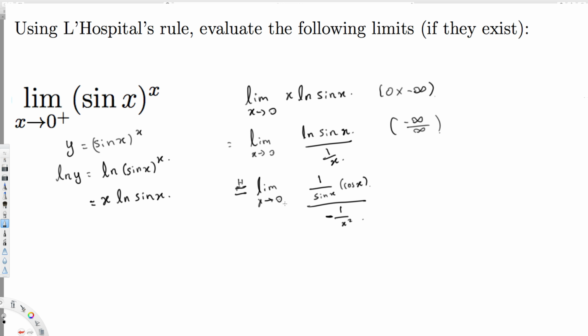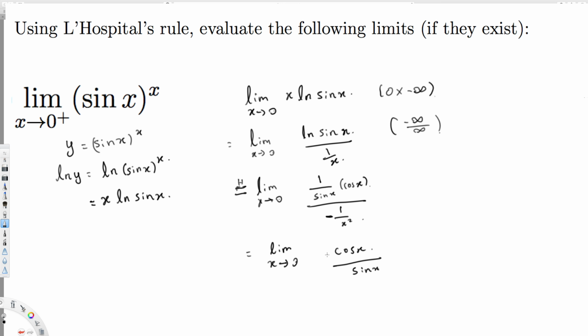Let's apply the limit of 0 and see what happens. Let me rearrange this a little to make it nicer. As x approaches 0, cos x over sine x times minus x squared, so it becomes x squared cos x over minus sine x.